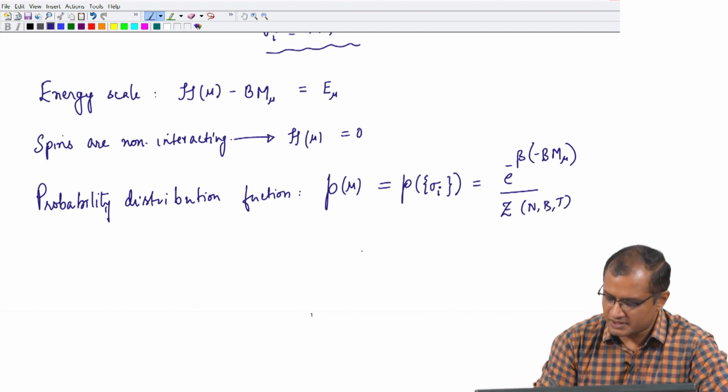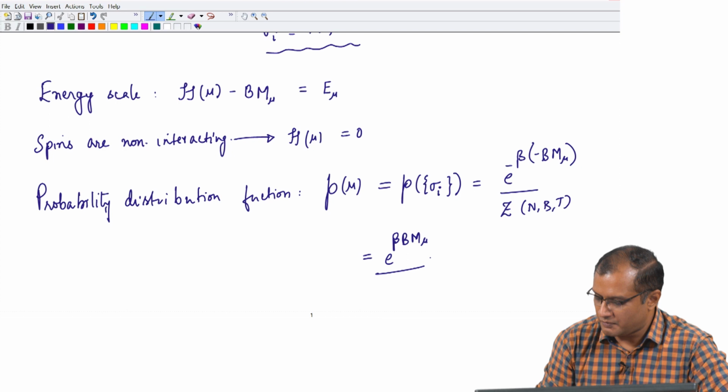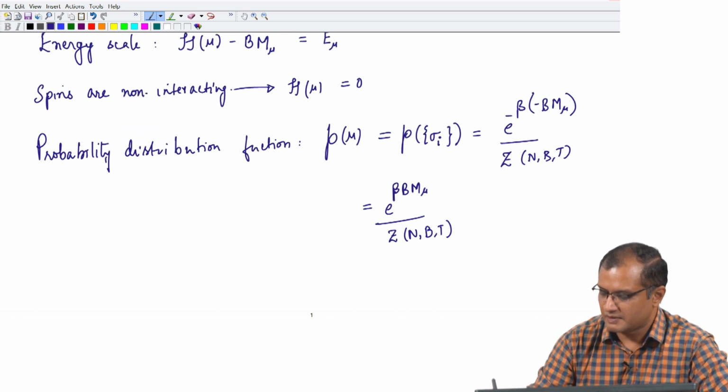So, this simply becomes e raised to beta B m_mu upon the canonical partition function, fine.